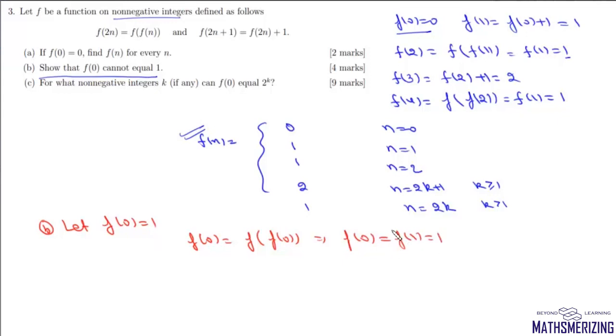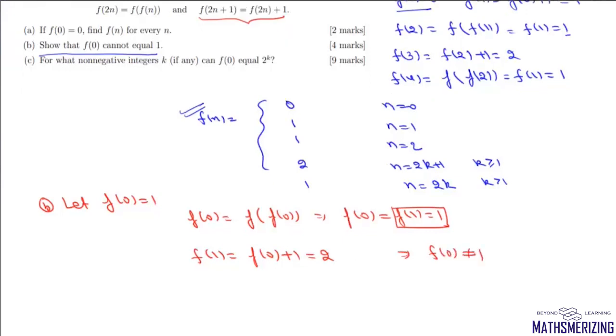So we get the condition that the value of f1 is equal to 1. Now we'll also find the value of f1 from the second equation. So we'll put n as 0 here, and we write f1 is f0 plus 1. Now f0 is 1, so we get f1 is 2. So f1 cannot be 1 and 2 simultaneously. So that means our supposition is wrong. So it implies that f0 cannot be 1.